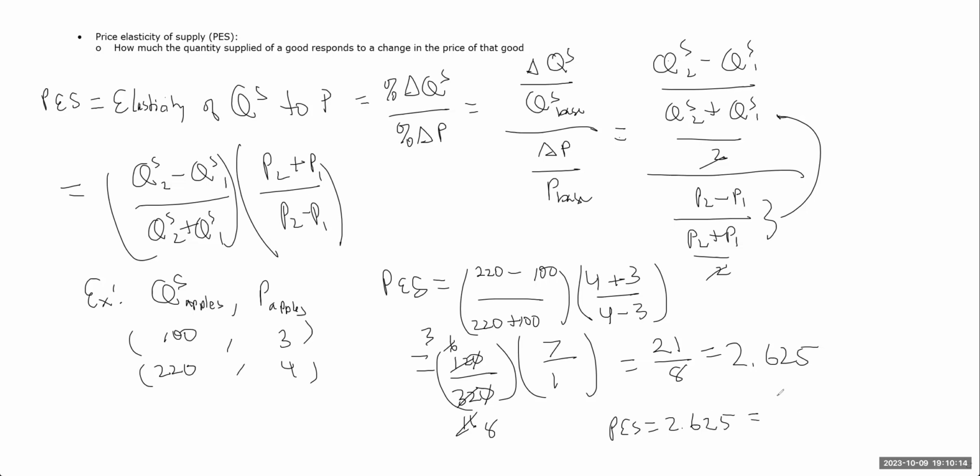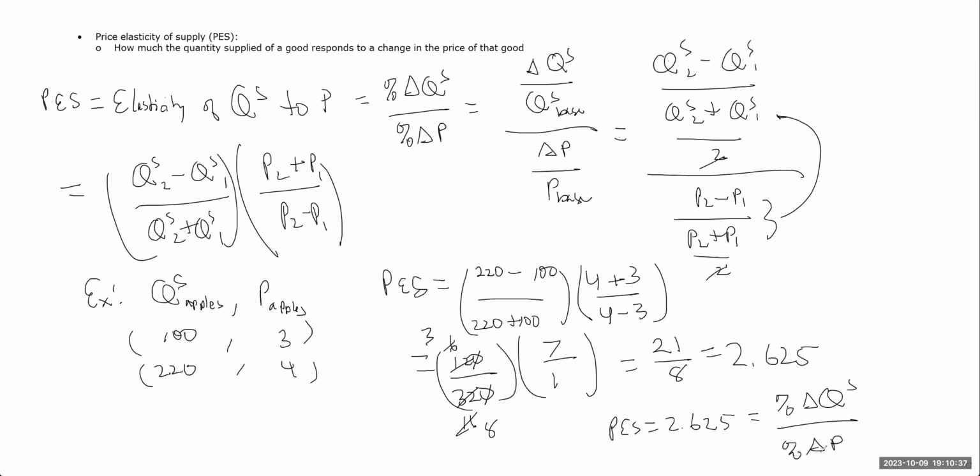This is equal to the percent change in quantity supplied over percent change in price. So what we're basically saying here is if price increases by a certain percent, say 100%, then quantity supplied will go up by 262 or 263%.